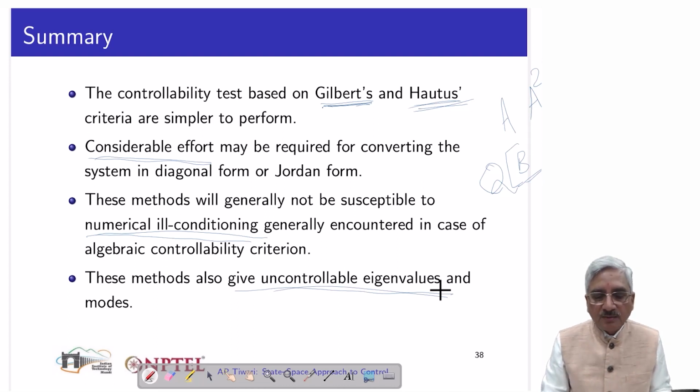That is another advantage. So we have seen so far that for linear time invariant systems, the alternative methods like the algebraic test, Gilbert test, or Hautus' test are simpler to perform. They don't require products of so many matrices, state transition matrix to input, etc., and integration. Much simpler compared to Kalman's controllability criteria.